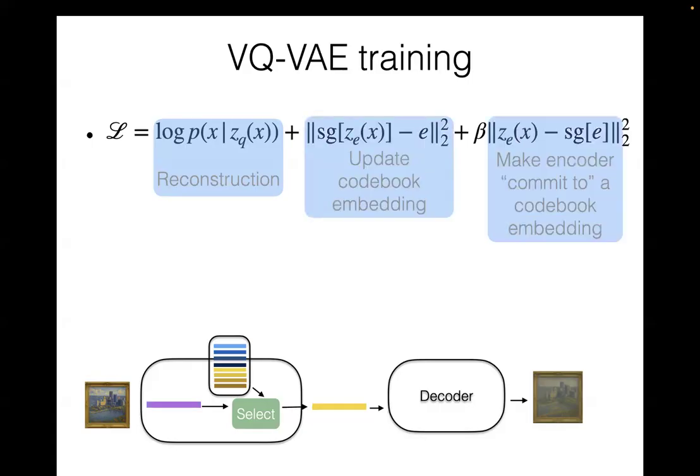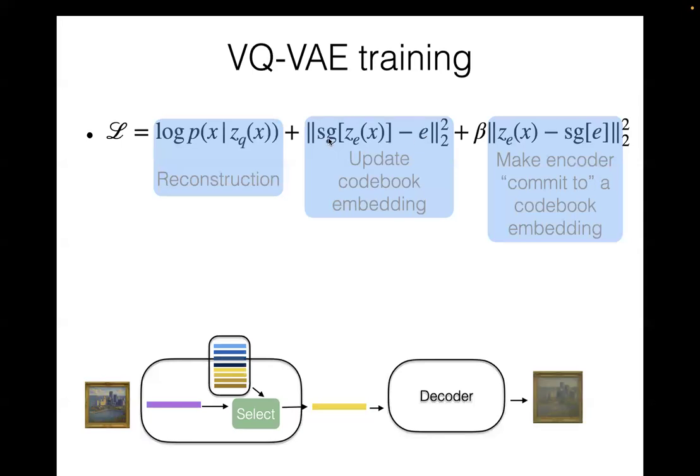Here you have two different terms, and they're focused on these code vectors. What this one is saying is, given the output of your encoder, I want to make the codebook embedding that was selected for it close to the output of the encoder.